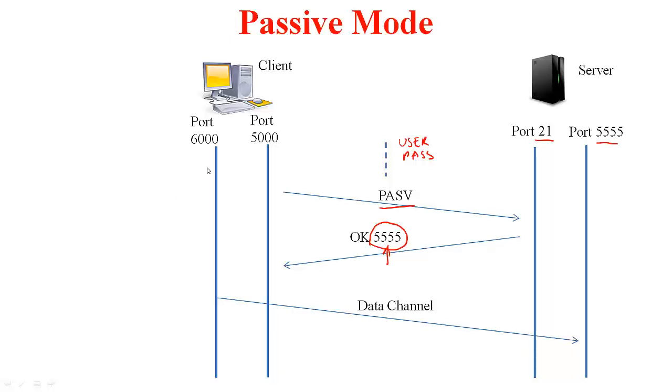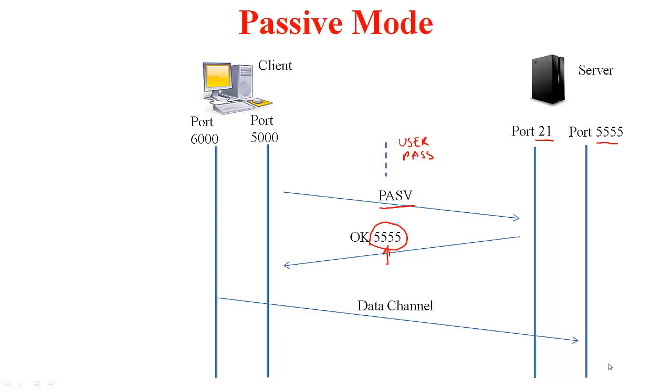Notice that even though the client opened the TCP connection, the actual data flow, that is the directory listing, is coming from the server to the client. And that's fine because TCP is a bidirectional connection. That is, the same connection can be used to transfer data in either direction.